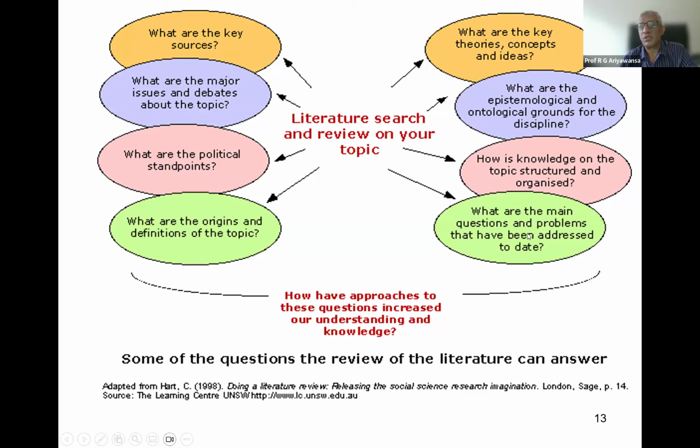So for this, you have to read journal articles. Therefore, you should understand that literature review is very complex, and you have to work hard.